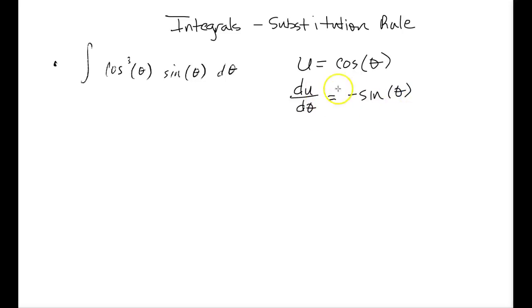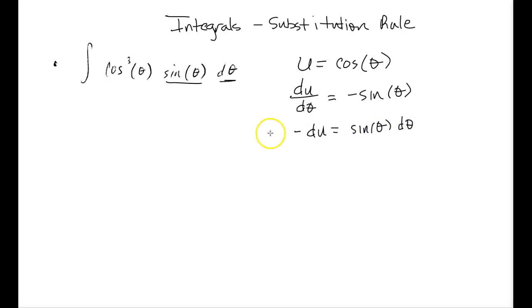And so that helps us out because now we can rearrange everything that we see here to get something with sine theta and d theta in it. So here, if we were to do algebraic manipulation, we would see that negative du will be equal to sine theta d theta.